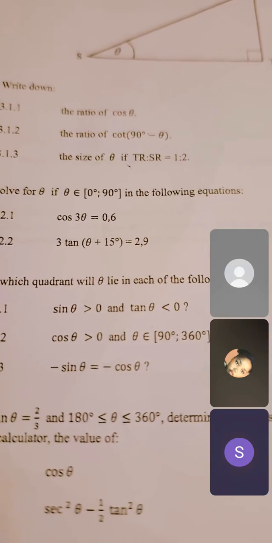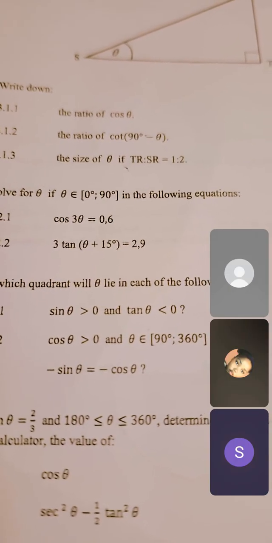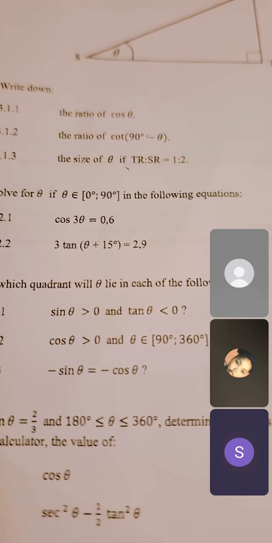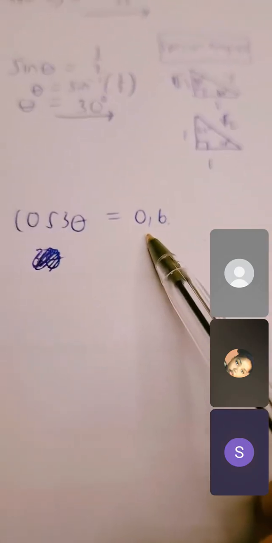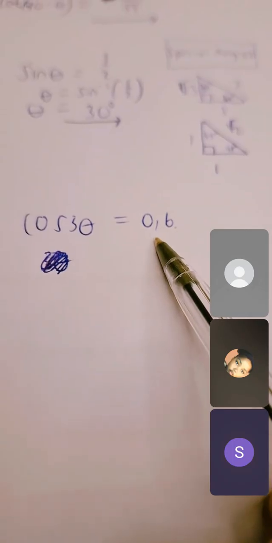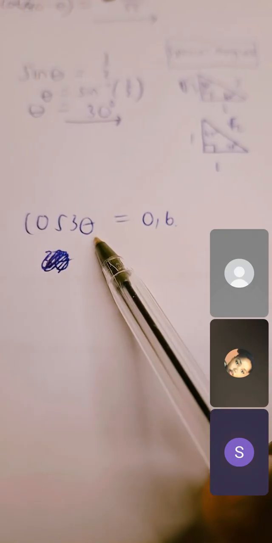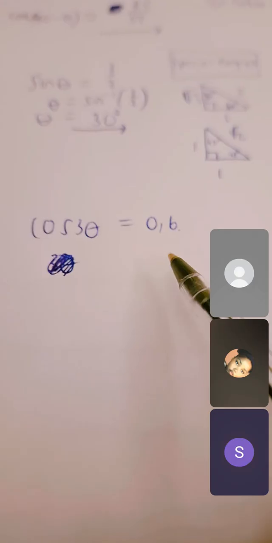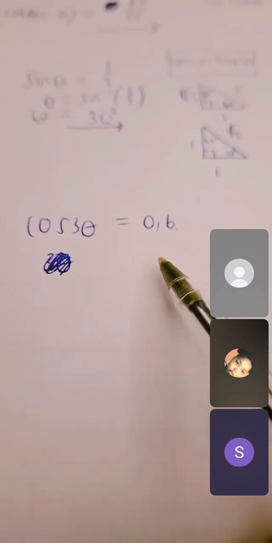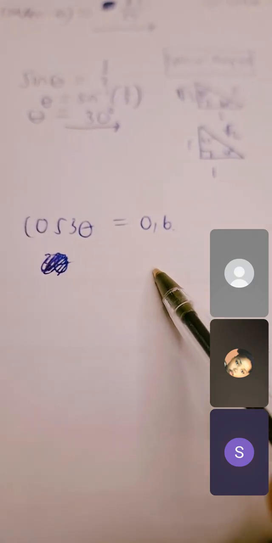I've written down cos 3 theta is equal to 0.6. What's the next step? Divide by cos 3, so that we can get theta isolated.